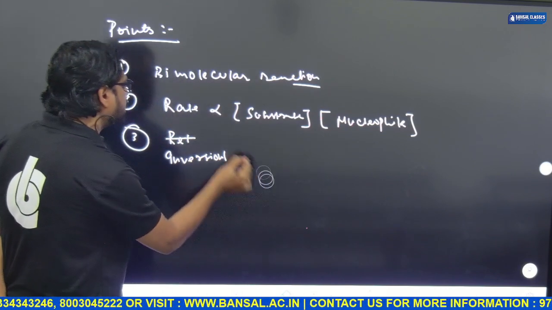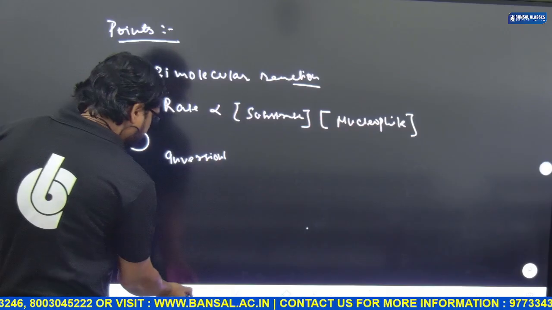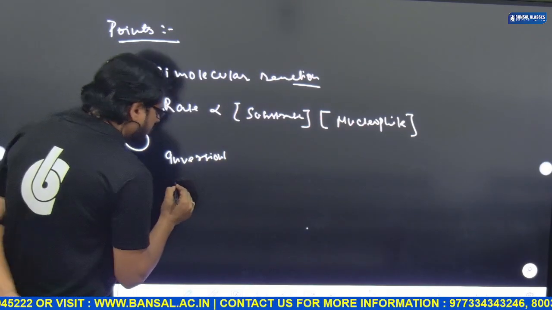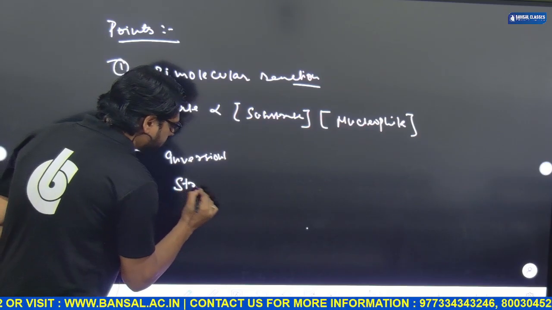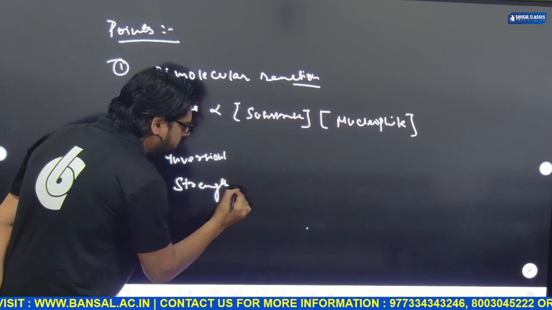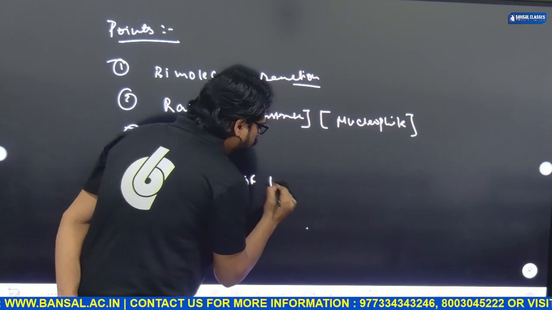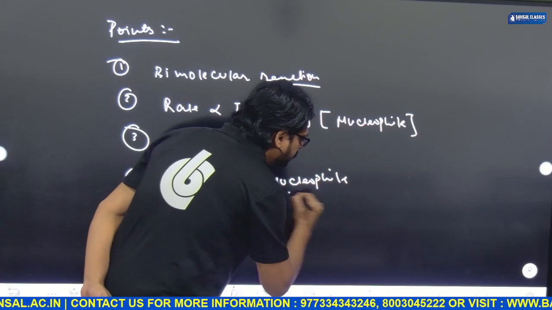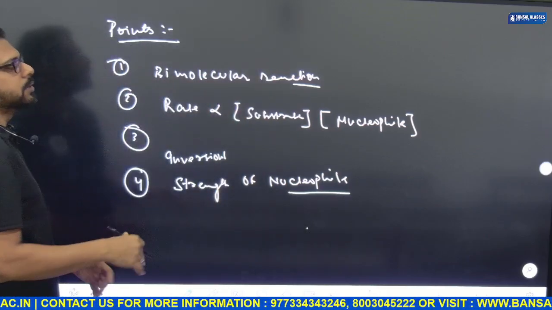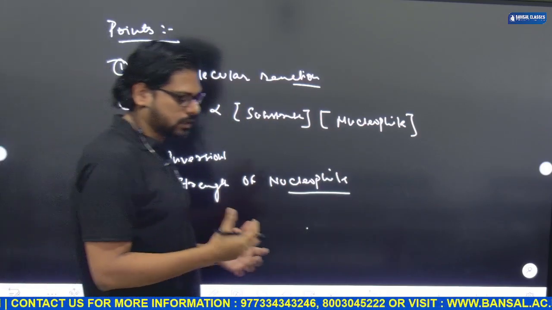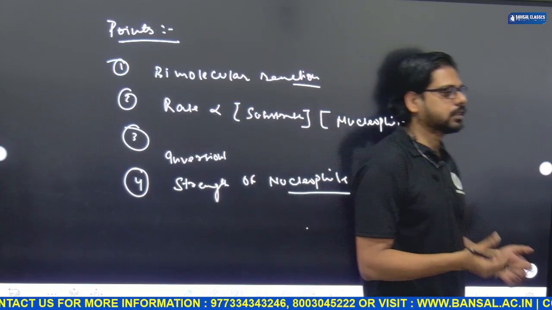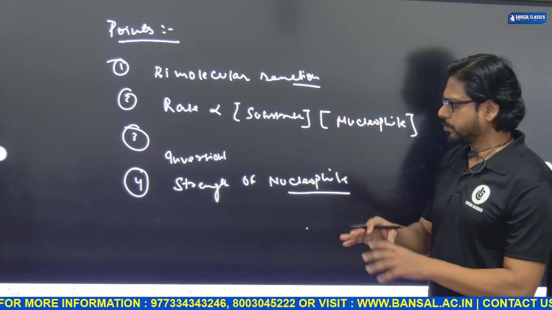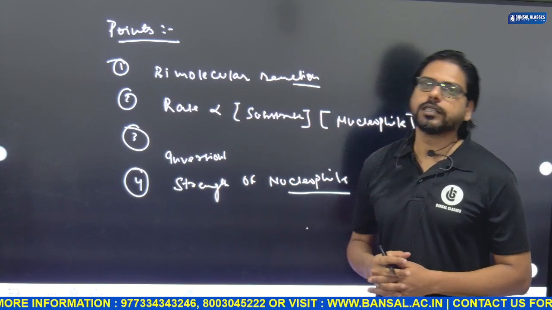We also know that it will depend on the strength of the nucleophile. Whichever entity has the greater nucleophilic strength will get attracted earlier. So these are some of the points associated with the SN1 and SN2 reactions.